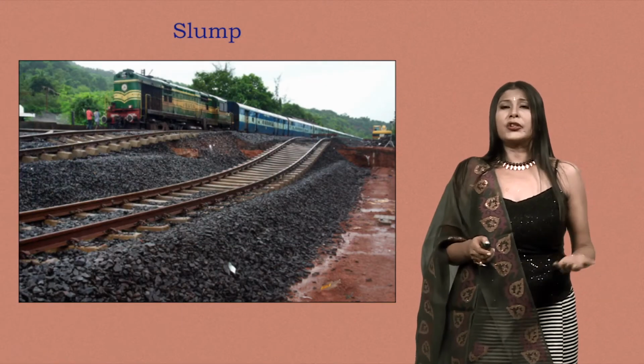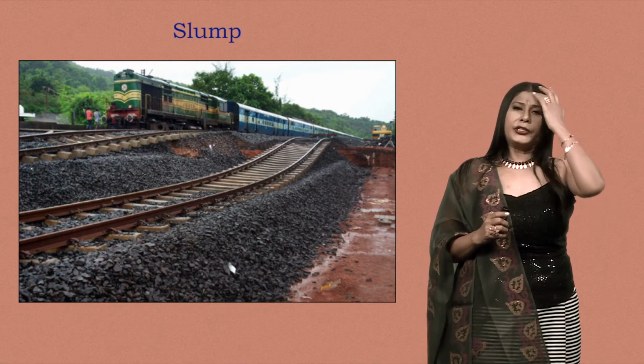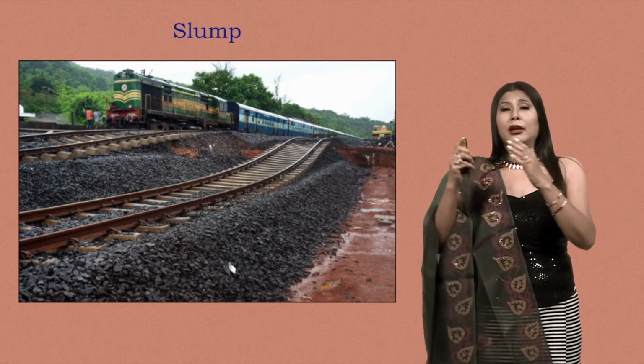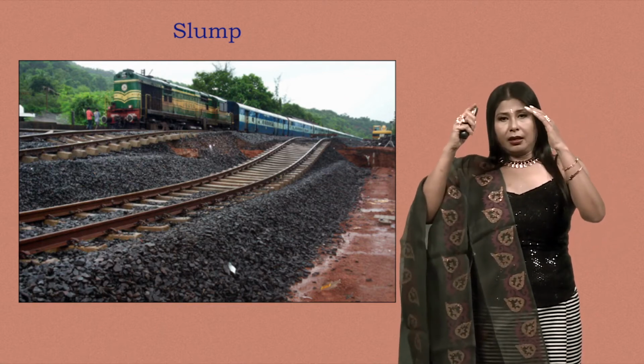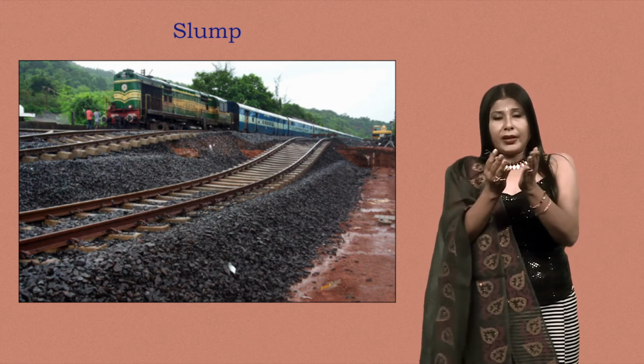So, when a situation like that comes, the land is just sitting, and also many times we see the railway line going a step down, or the edge of the cliff is just removing from the face and it is slumping down.